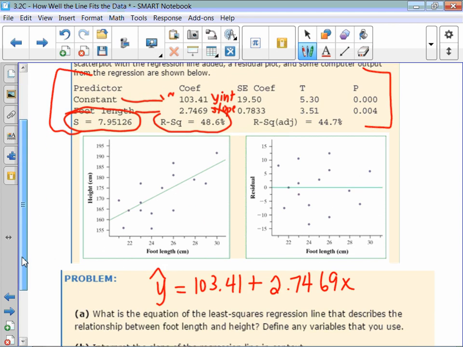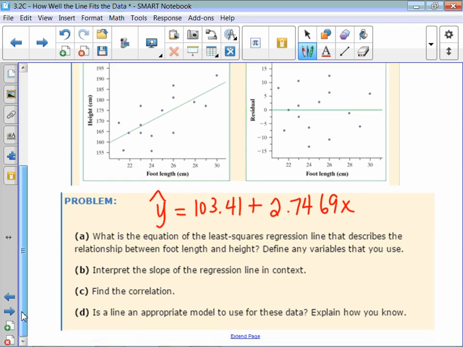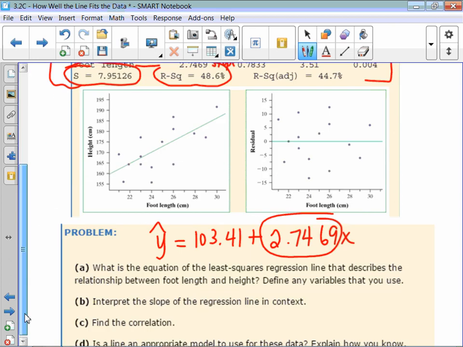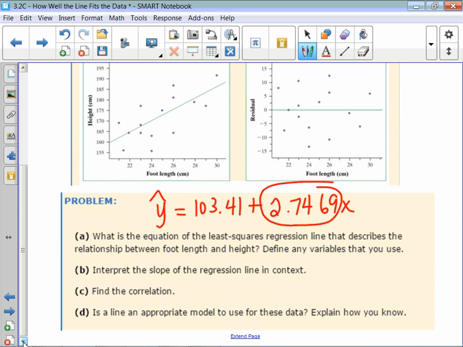So x is foot length, y is height. Interpret the slope in the regression line context. So here's our slope. This is the sentence for slope. So you would say for every 1 centimeter increase in foot length, the height in centimeters increases by 2.7469. Okay, that's your slope thing.